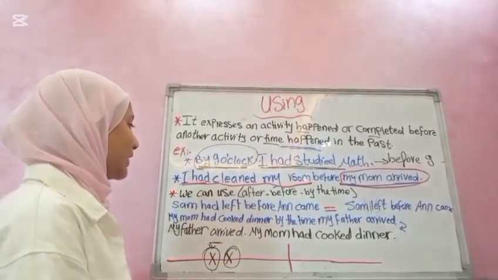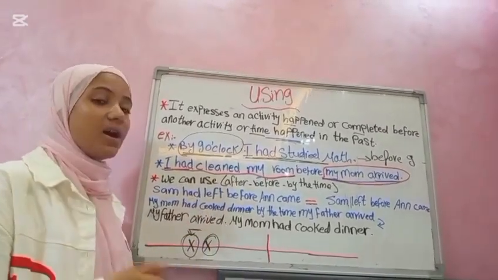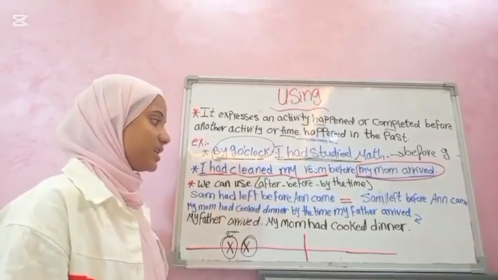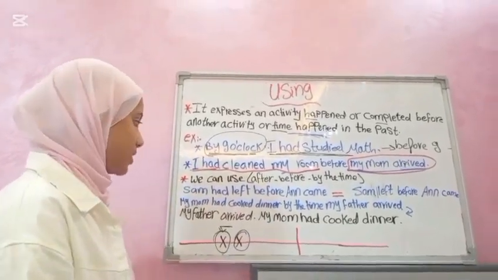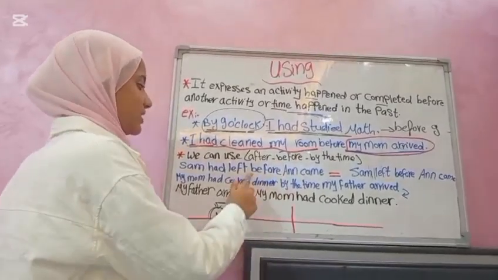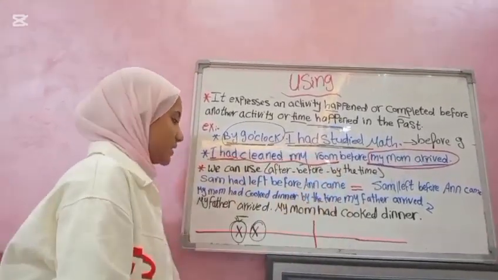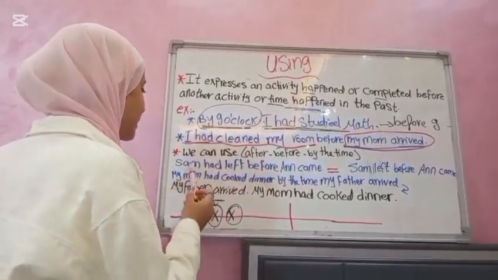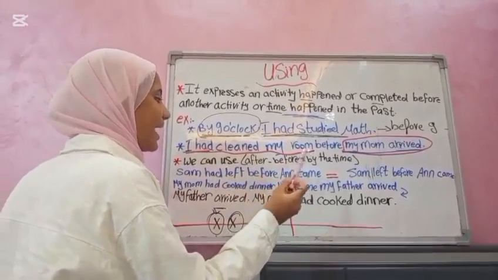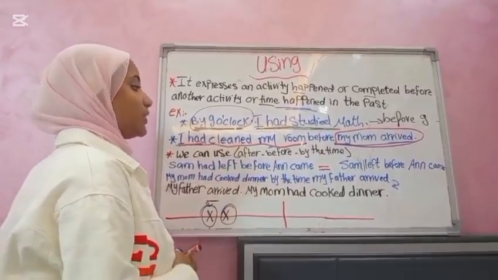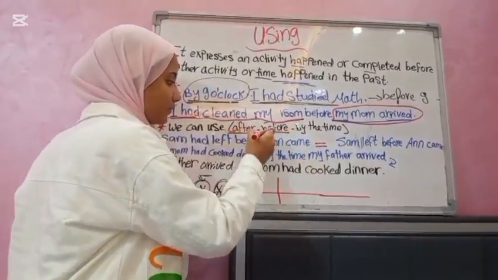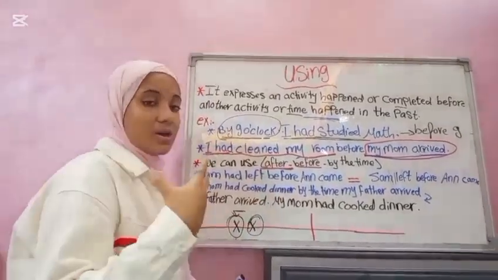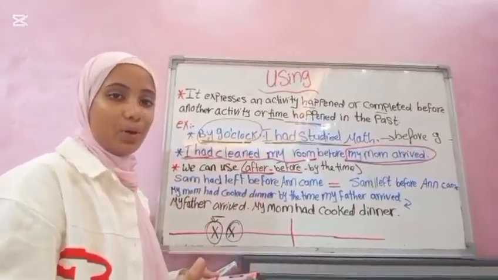Next, we can use these words: after, before, by the time. Let's use these words in sentences. We will use the word before in this sentence and the words by the time in this sentence. The first sentence, with the word before: Sam had left before Anne came. When we use before and after, we can use the past perfect and the past simple.